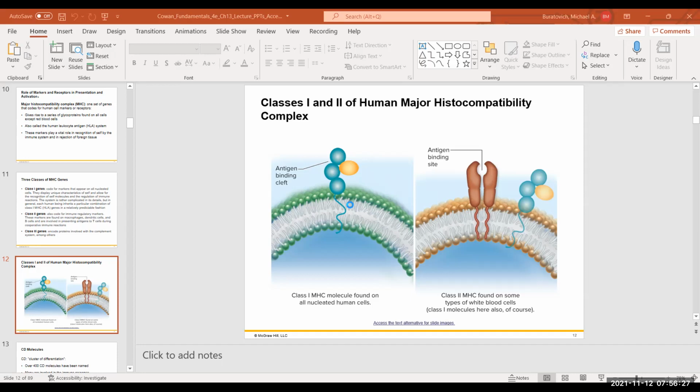Graft versus host response. So the barcodes on the surfaces of Madeline's cells were viewed by the immune system of Madison's cells. And they said, these are not us. These are not self. Because they're not self, they're foreign. They're an invader. They need to be attacked.